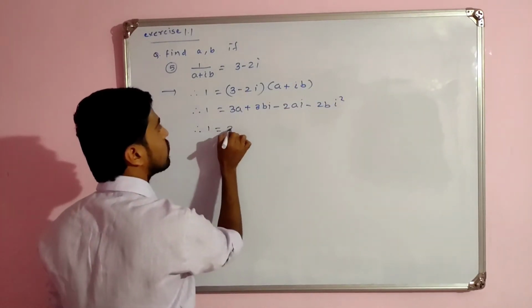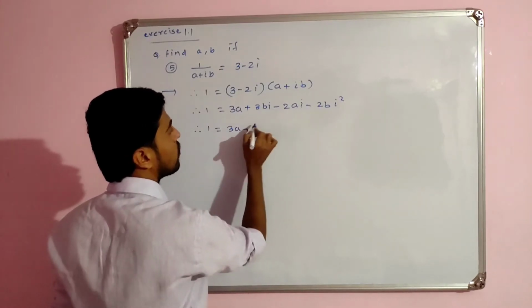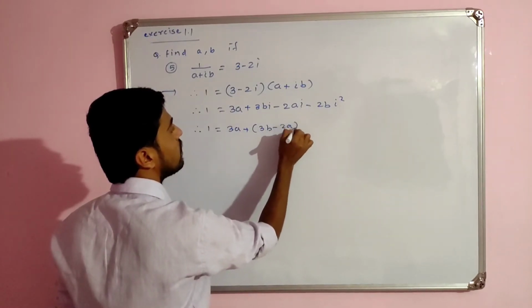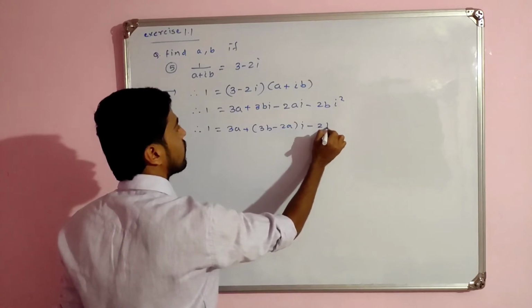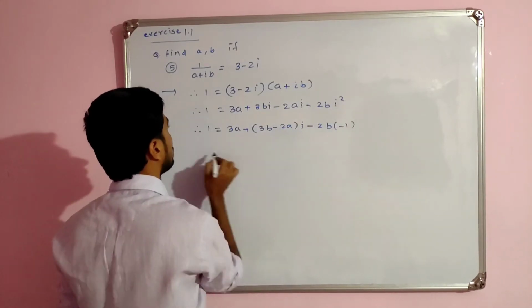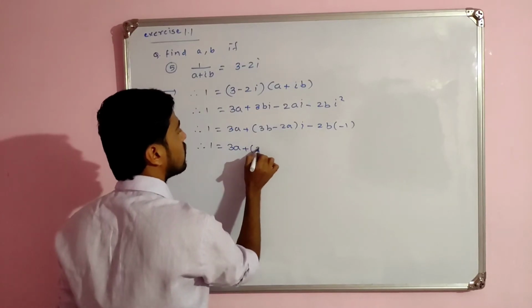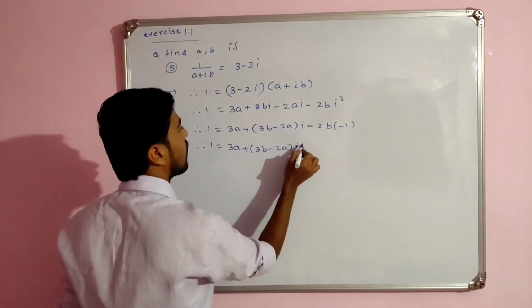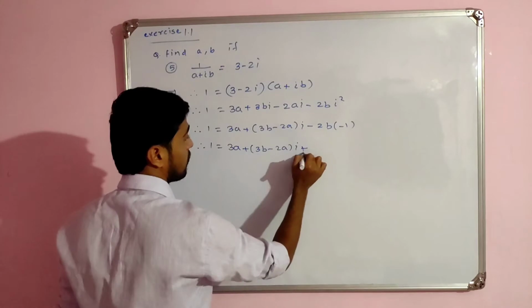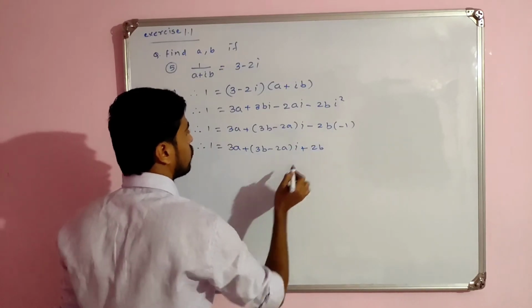So 1 is equal to thrice a plus here I taking common 3b minus twice a into I minus twice b आणि I square ची व्हॅल्यू तर -1.